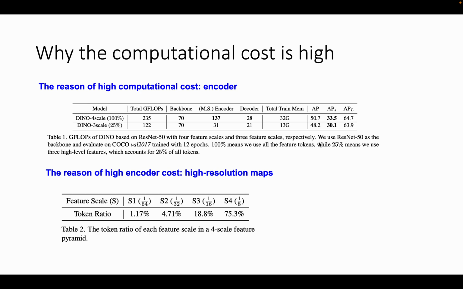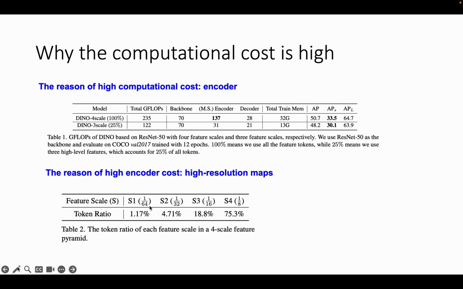If we reduce the multi-scale features from 4 scales to 3 scales in DINO, the total GFLOPs is reduced by a large margin, especially in the encoder. The GFLOPs decreased from 113.7 to 13.1, and the performance drop mostly impacts small objects. The small-object AP decreased by around 3 AP.